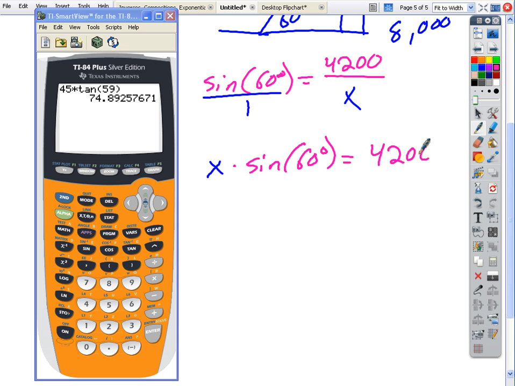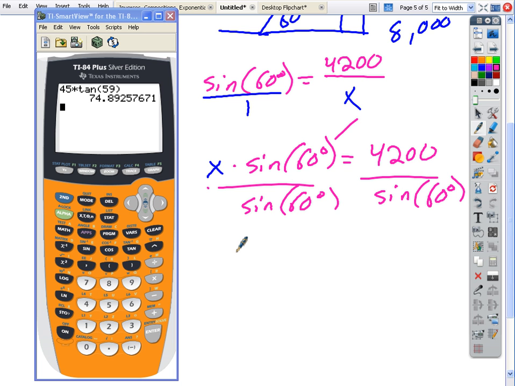And then to get the x by itself, divide by that number. That's all it is, the number sine of 60, right? Then the numbers cancel, and I get my answer. x equals 4,200 divided by sine 60.